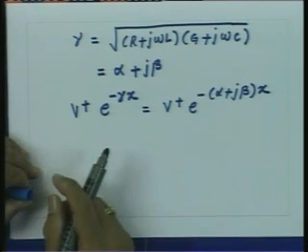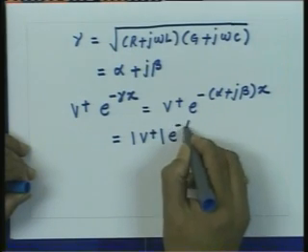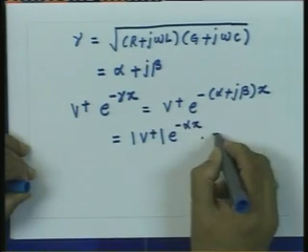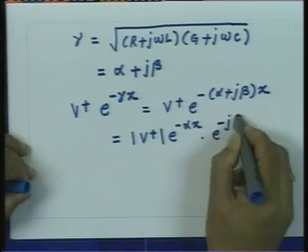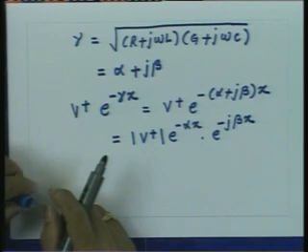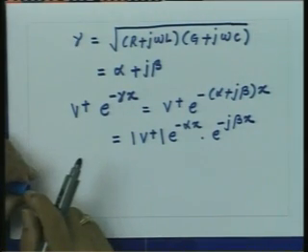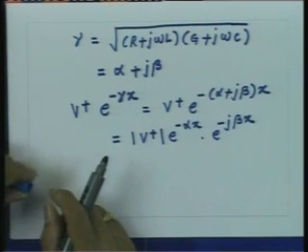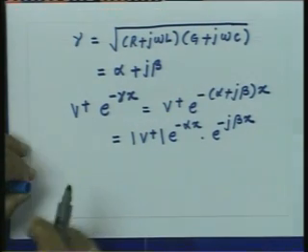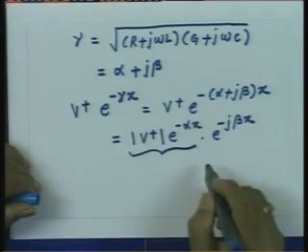Without losing generality, if I assume that V plus is a real quantity, this I can write as mod of V plus e to the power minus alpha x into e to the power minus j beta x. So, the voltage on transmission line for a travelling wave in the positive x direction has an amplitude given by mod of V plus multiplied by e to the power minus alpha x and a phase which is equal to minus beta x.